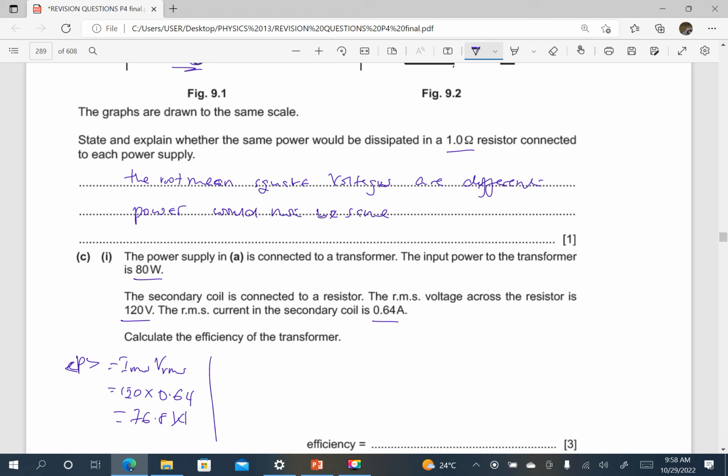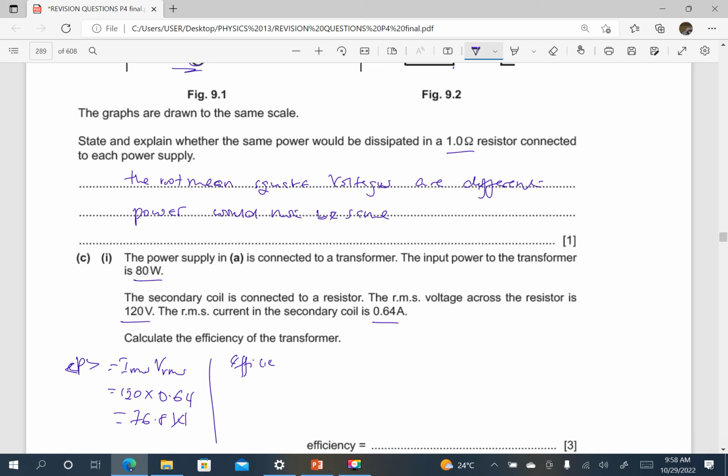But the input power is 80, so the efficiency, remember, is power output over power input times 100 if we want it as a percentage. So this is going to be 76.8 over 80 times 100.